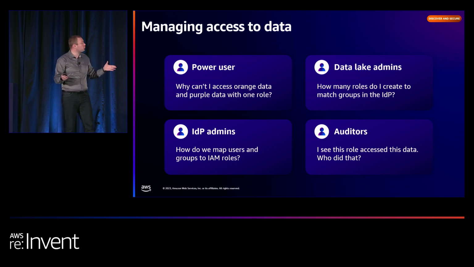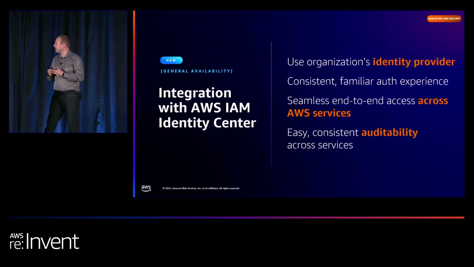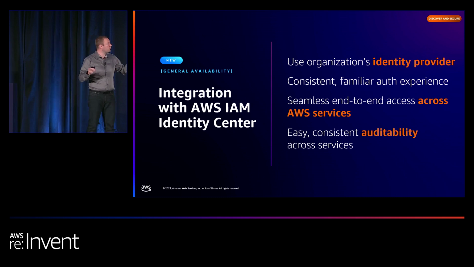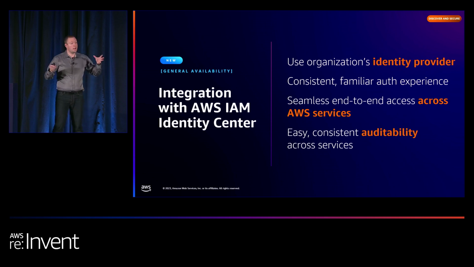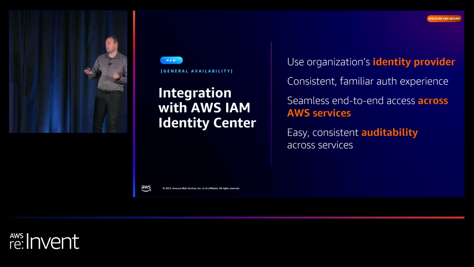Those are all incredibly important questions, and that means I'm happy to announce that Lake Formation is now integrated with AWS IAM Identity Center. That means that you can use the identities coming from your existing identity provider, whether that is Okta, Azure AD, or any of the others that IAM Identity Center integrates with, and use those identities within Lake Formation to grant fine-grained access controls.